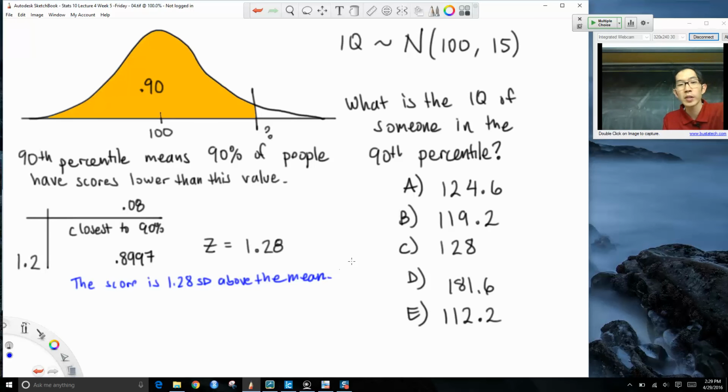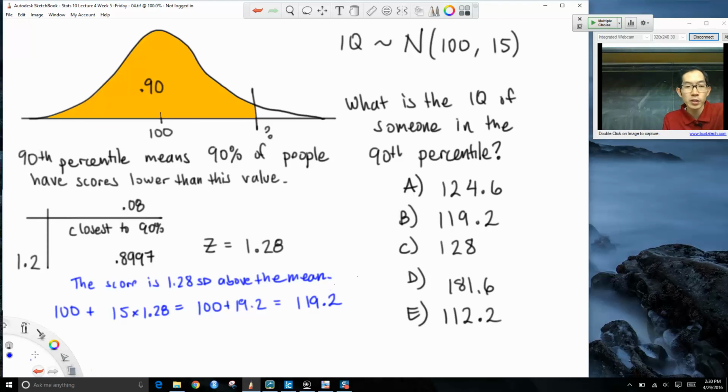Okay, and so our mean is 100, and each standard deviation is 15, and we are 1.28 standard deviations above the mean. So our score is going to be 100 plus 15 times 1.28. This is 100 plus 19.2, which gives me 119.2.